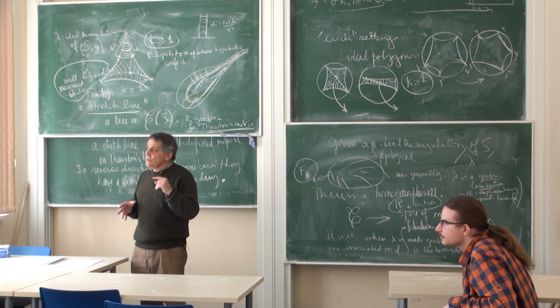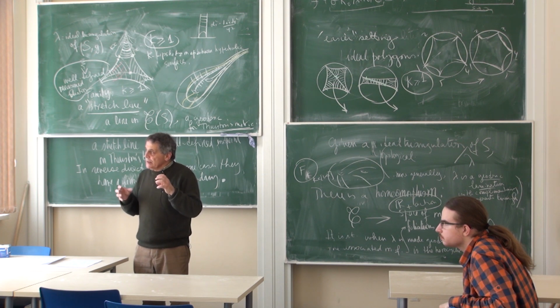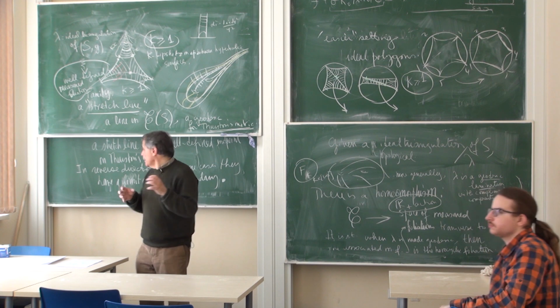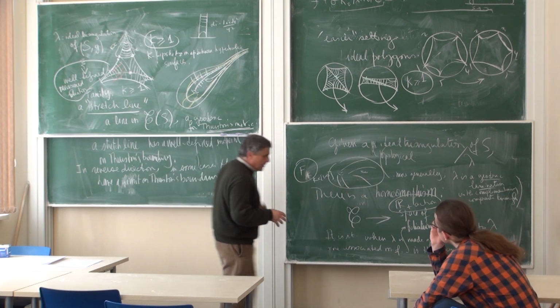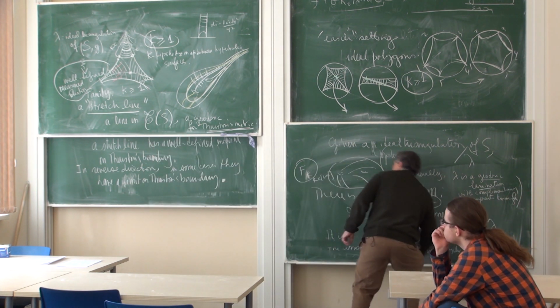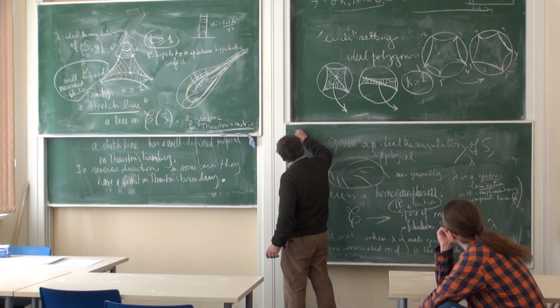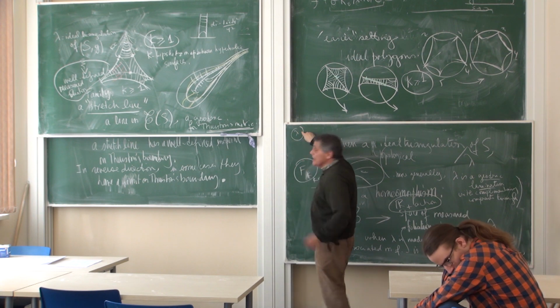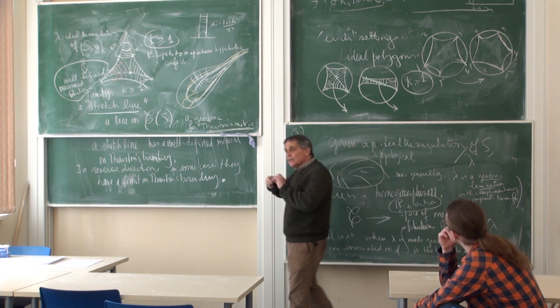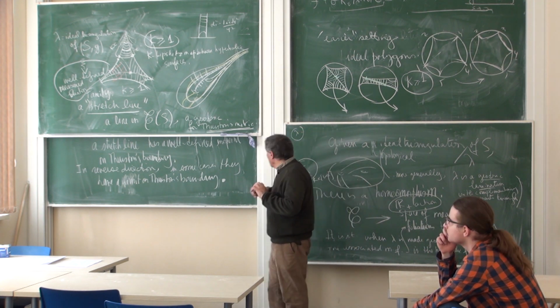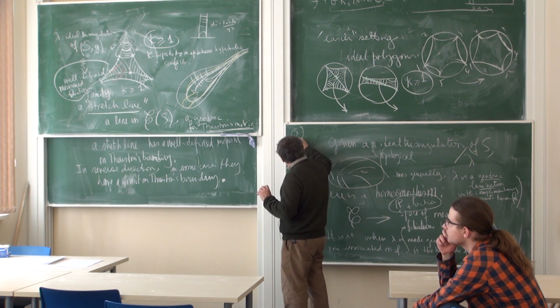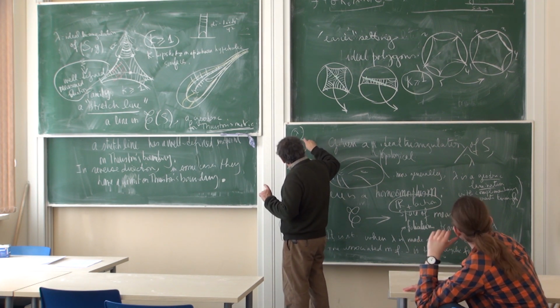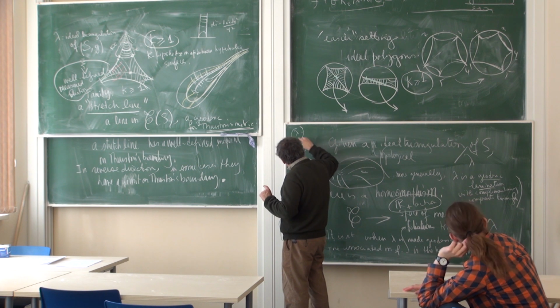But it excludes more. You see, we are talking here about laminations and foliations. Suppose you have a measured lamination, which has several components in general, and suppose lambda 1 is one of these components.